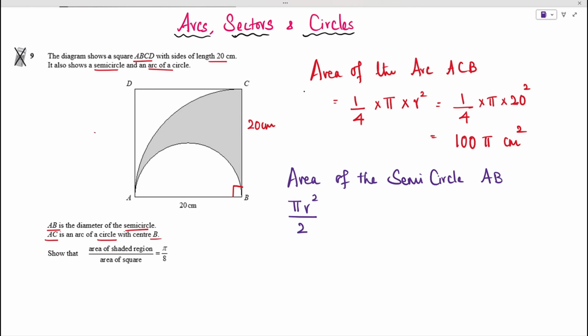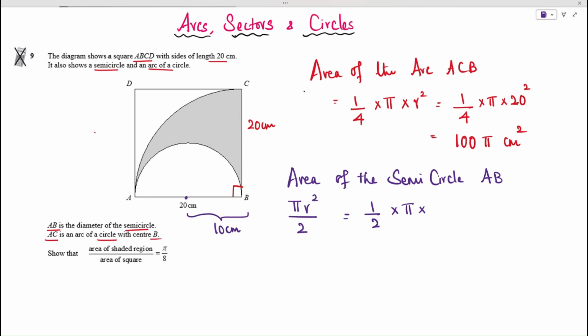So the area of our semicircle here is equal to half times pi times, and we're given our diameter here as 20 centimeters. Make sure you take note of this point, because you may accidentally put your diameter where your radius is meant to be. So we know our diameter is 20, so our radius is 10 centimeters.